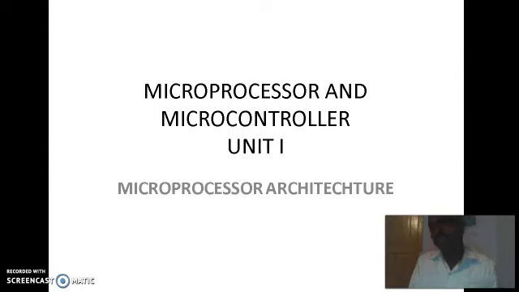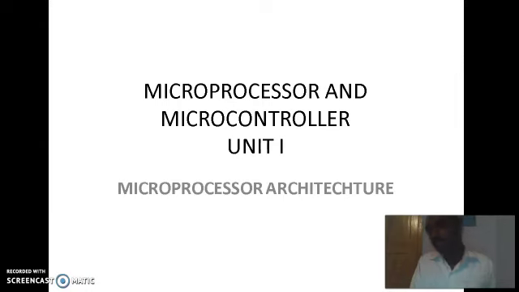Next, what is the difference between microprocessor and microcontroller? The microprocessor is the CPU. The microcontroller is the CPU with the addition of RAM, ROM, IO ports, serial ports and timer counter.